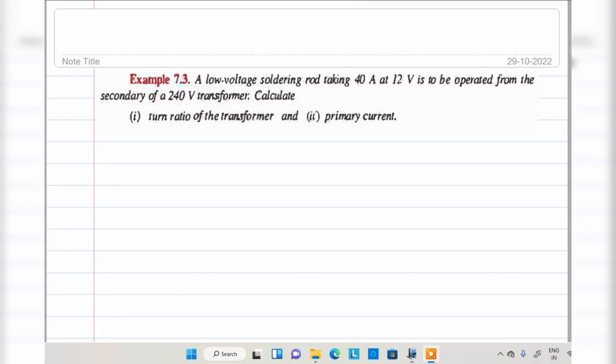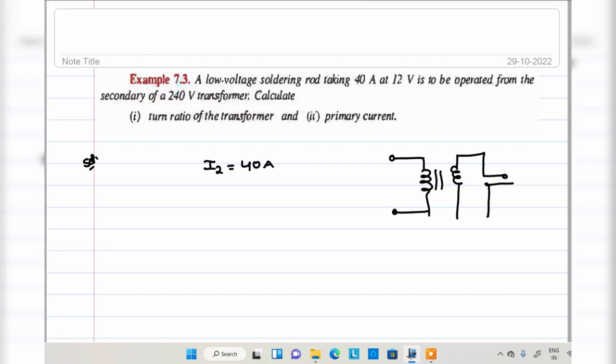So here, a low voltage soldering rod is taking 40 amperes at 12 volt. So it is given, that means the current I2 is equal to 40 amperes, because your transformer is connected to some soldering rod with a voltage of 12 volt and current of 40 amperes.